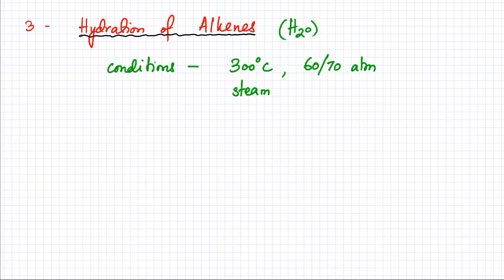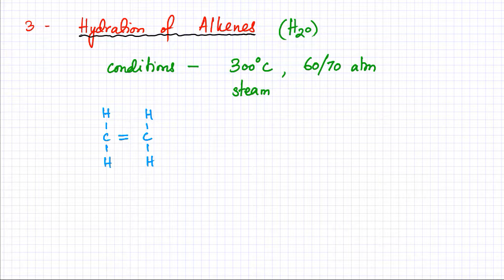I'll give you an equation for this reaction, and I'm going to start off with the simplest alkene. I am going to start off with ethene. Now this is an ethene molecule. It's going to follow the same exact mechanism as all the other addition reactions that we have studied so far.